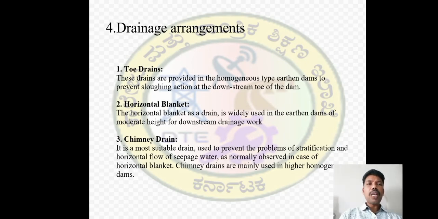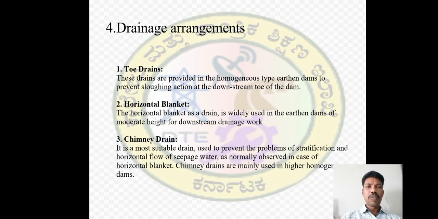Then the drainage system is also very important in view of the stability of the dam. There are different types of drainage arrangements like toe drains, horizontal blanket, and chimney drains.